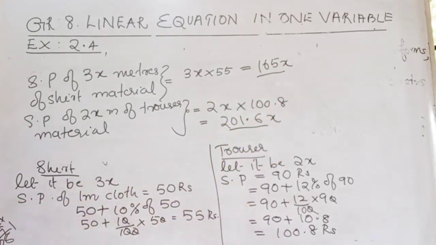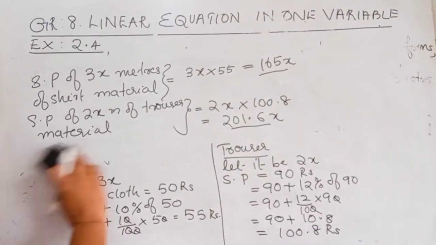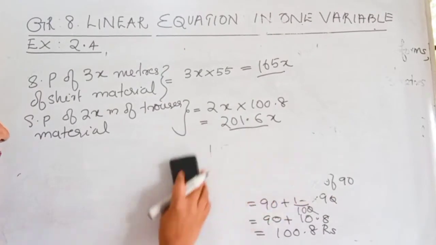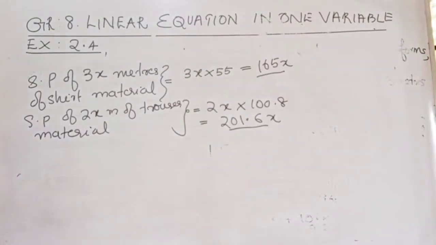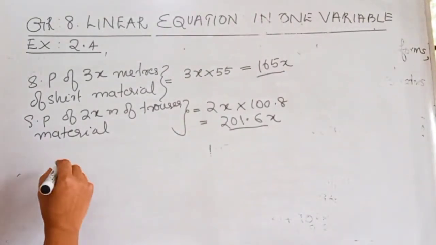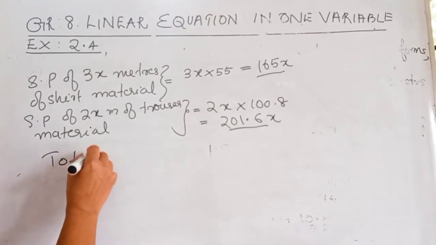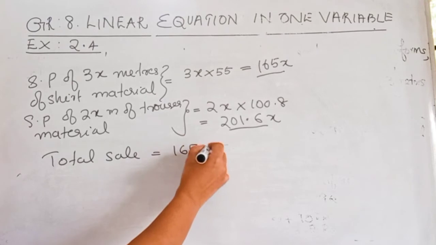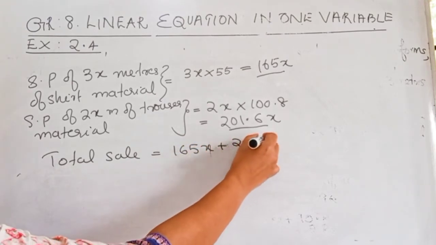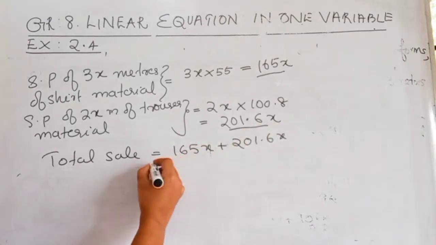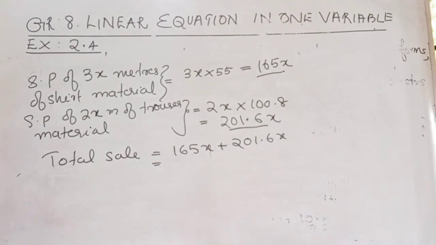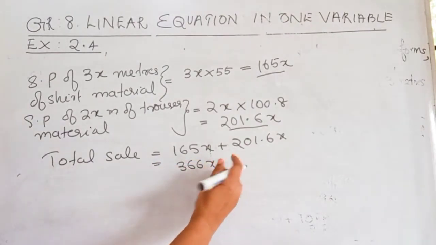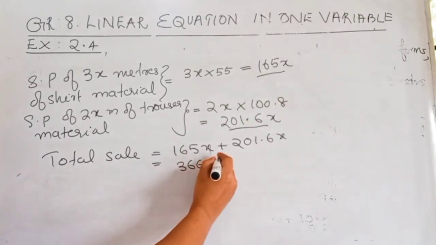So the total sale happened is 165x plus 201.6x. When you add these two, you will get 366.6x.